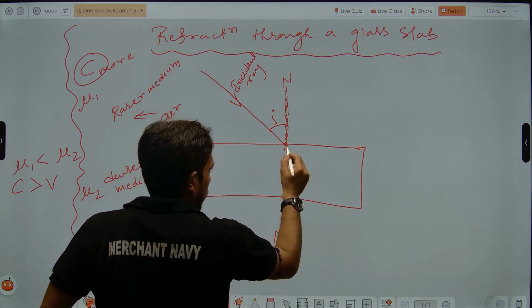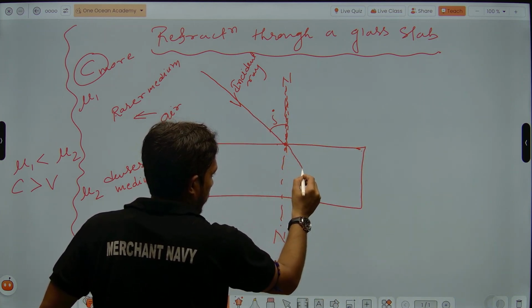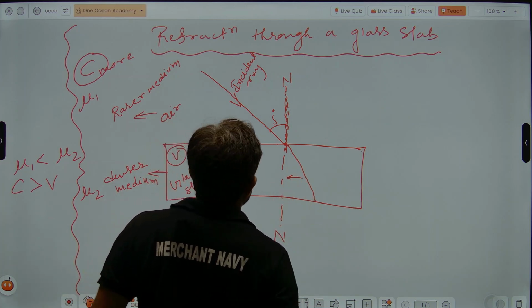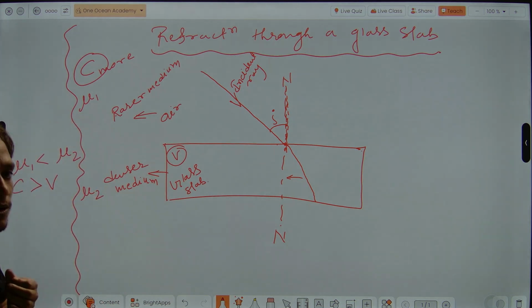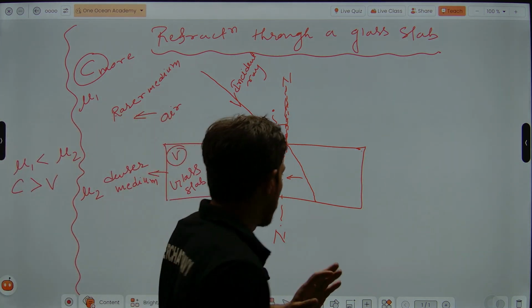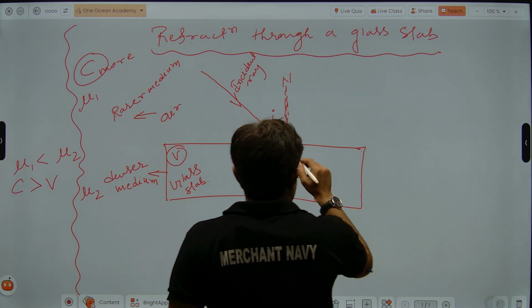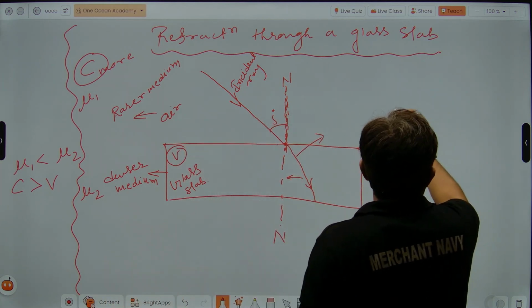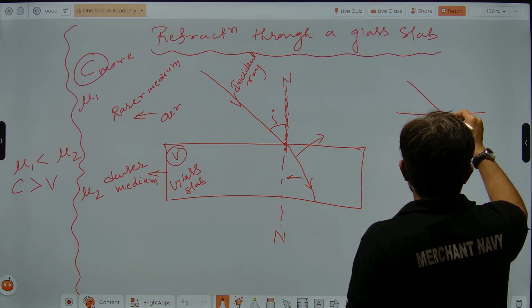So it will try to bend. It will bend towards the normal.